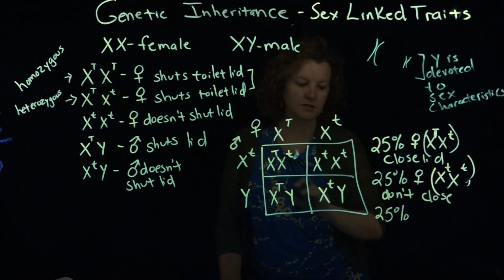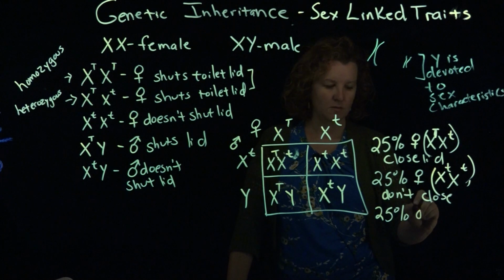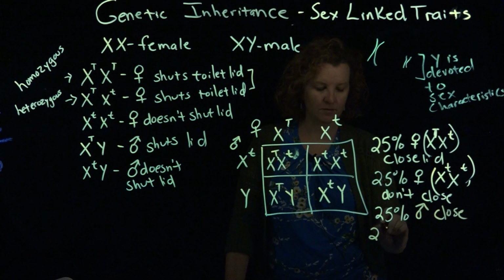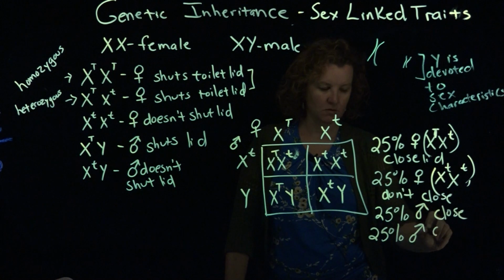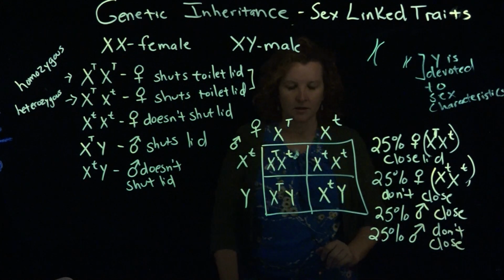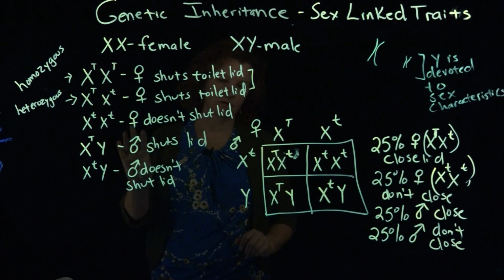As long as you have a good legend, you're going to be okay because you can go back and match that up. 25% are going to be males that close the lid. I'm getting really abbreviated here. And then 25% are going to be males that don't close the lid.